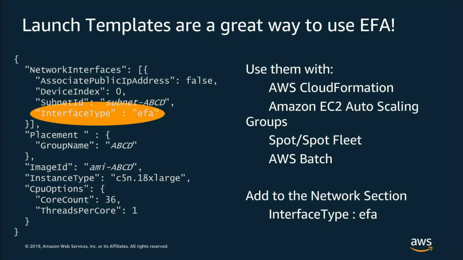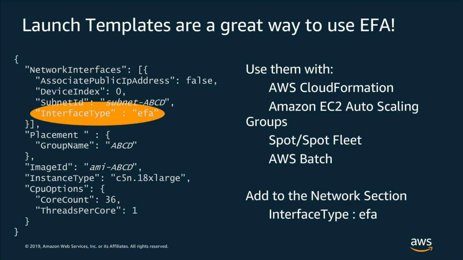There are other ways to launch an EFA cluster. Launch templates already support EFA. The launch template syntax is seen here with just the addition of the network interface key pair in the orange ellipse. Launch templates will let you deploy clusters with AWS CloudFormation based on auto-scaling groups, with AWS Batch, and for spot fleet requests.